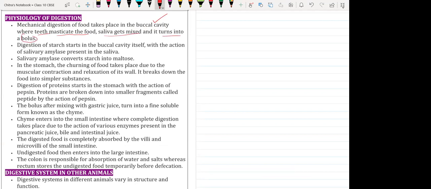So do remember, the food formed after the mastication is called bolus.